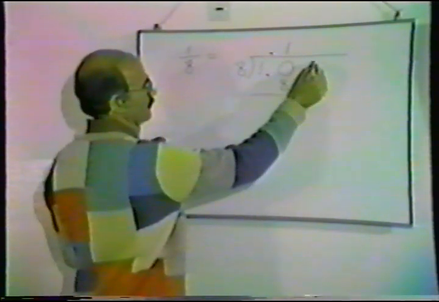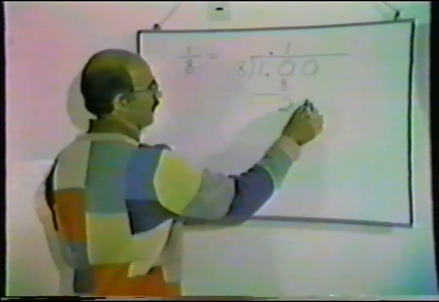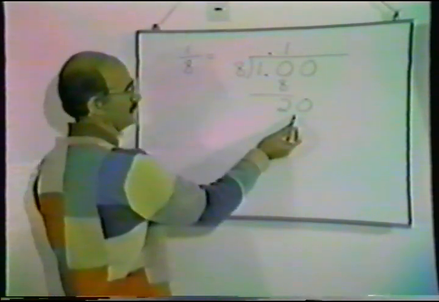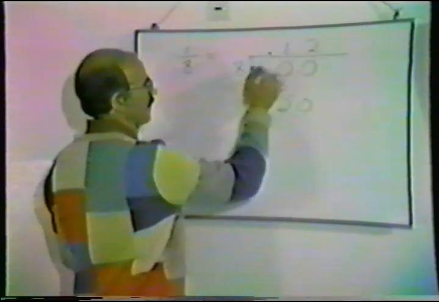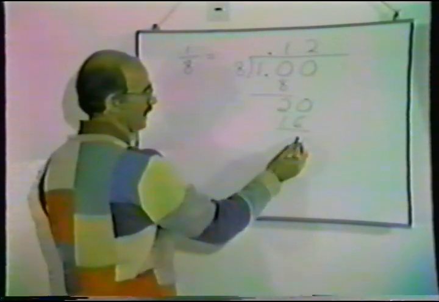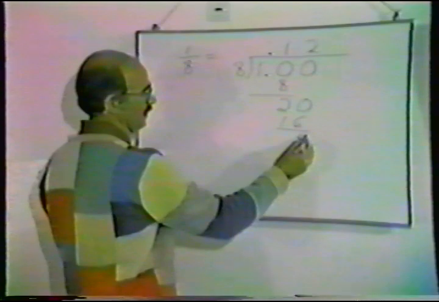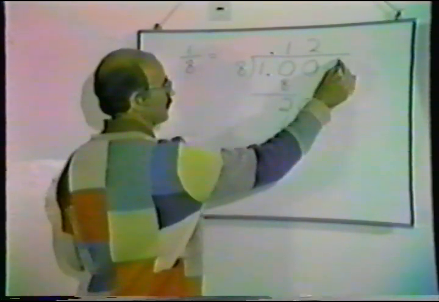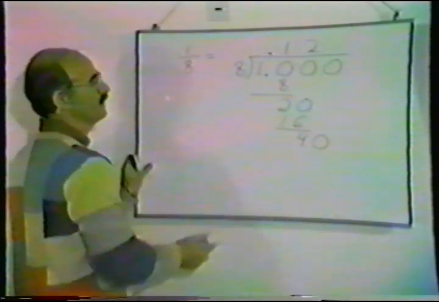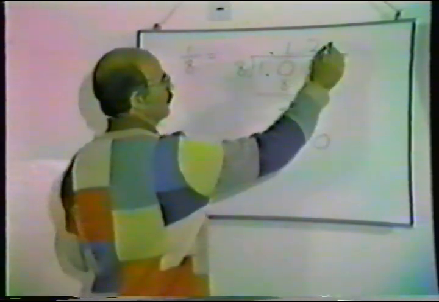2. Let's put on another 0 and bring it down. 8 into 20? 2. 2 times 8? 16. We'll subtract and get 4. We'll have to add another 0 and bring it down. 8 into 40? 5.